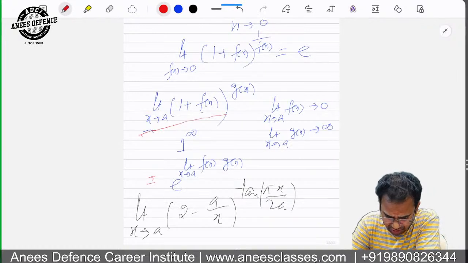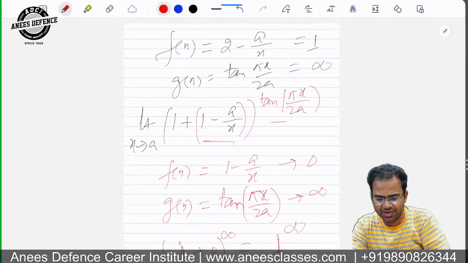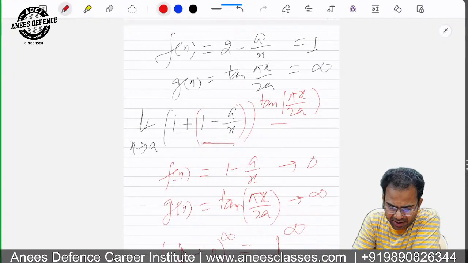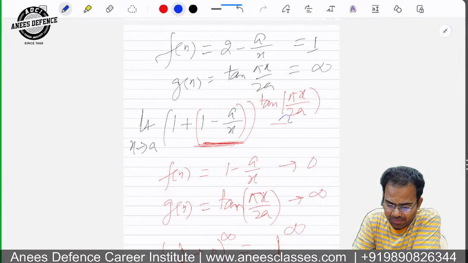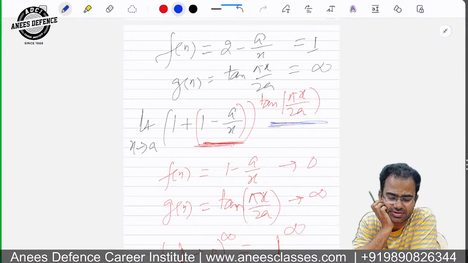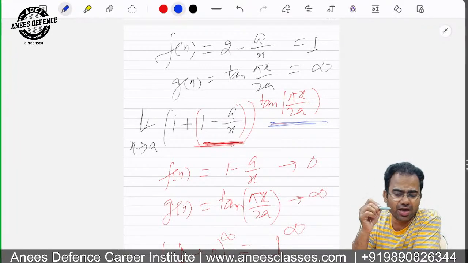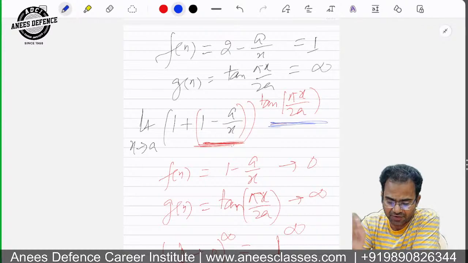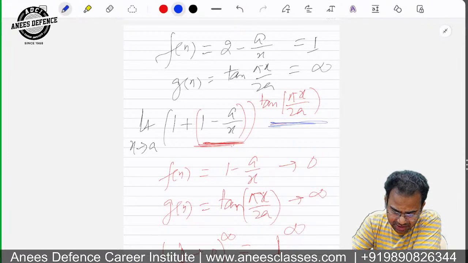We have to solve e to the power limit x tends to a f of x g of x, right? Same thing. The red pen I'm marking is f of x, okay? The blue pen I'm marking is your g of x. And 1 is already present. So 1 plus f of x whole to the power g of x, f of x tends to 0, g of x tends to infinity. So I can write e to the power limit x tends to a, f of x means 1 minus a upon x into tan pi x upon 2a. Have you understood this?